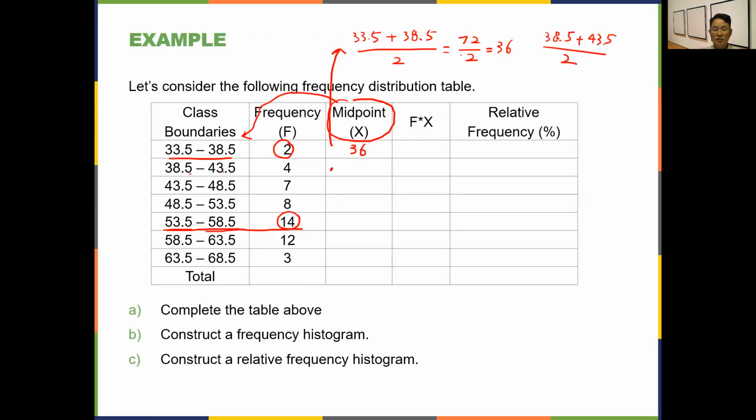So 38.5 plus 43.5 is 82, and divided by 2 is 41. So the result is going to be 41 here.